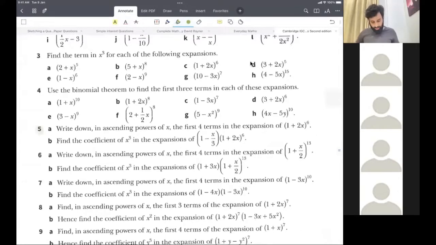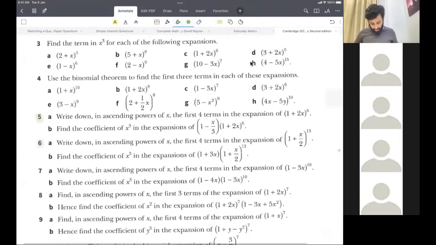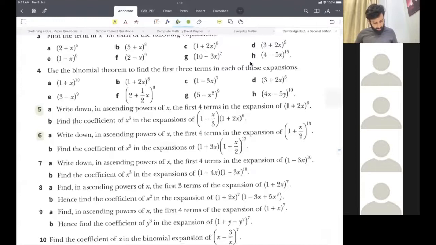I want you guys to do number 5, both parts. I want you guys to do number 6, again both parts. And number 7. 3 questions, okay? They are not that long. In all of them you have to find 4 terms, and then in the end find the coefficient of x cube.